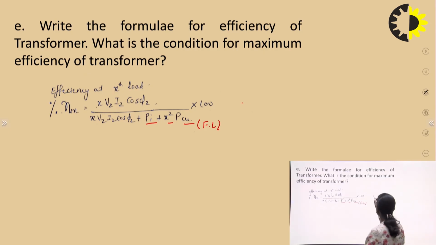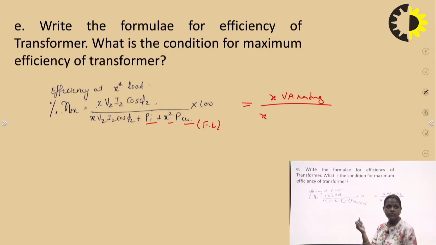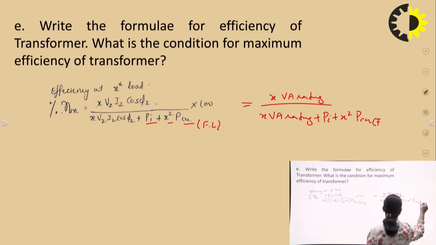And the same can be written as x VA rating divided by x VA rating plus iron loss plus x square copper loss at full load, right? Here V2 I2 cos phi 2 is nothing but the VA rating times the power factor.